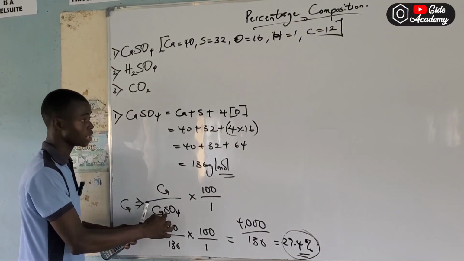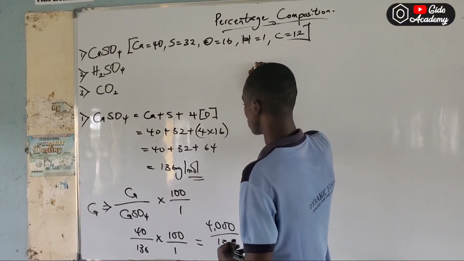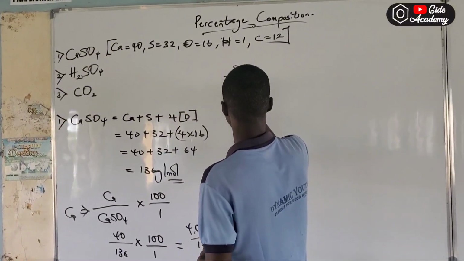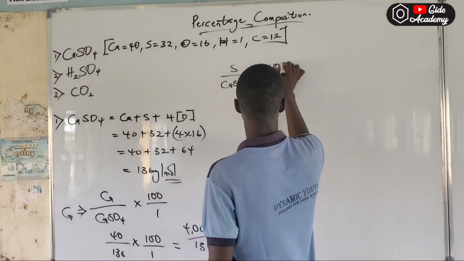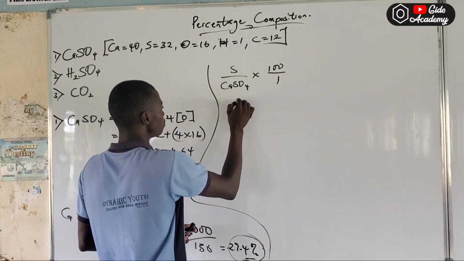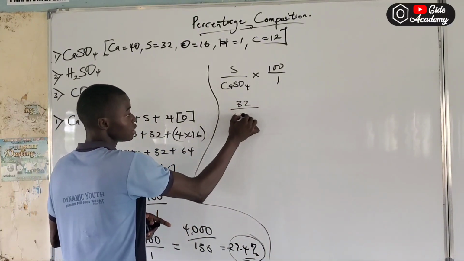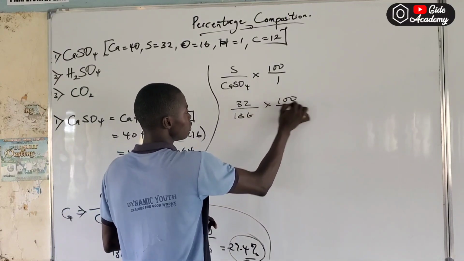So let's calculate the percentage of sulfur. If I'm calculating the percentage of sulfur, I can now say sulfur all over CaSO4 times 100 all over 1. Sulfur is 32 all over the compound is 136 times 100 all over 1.